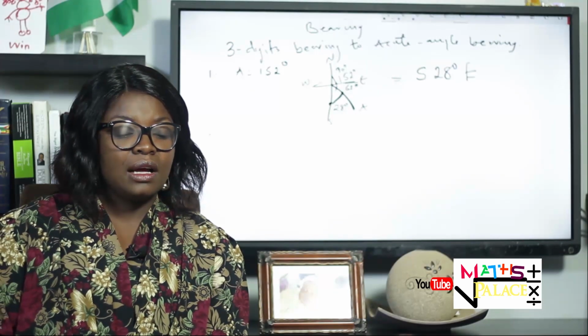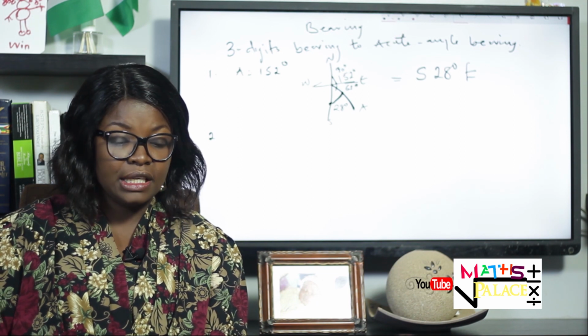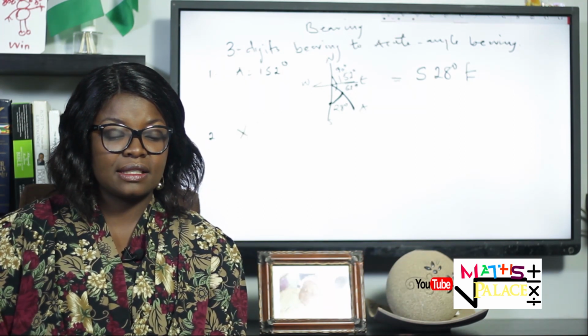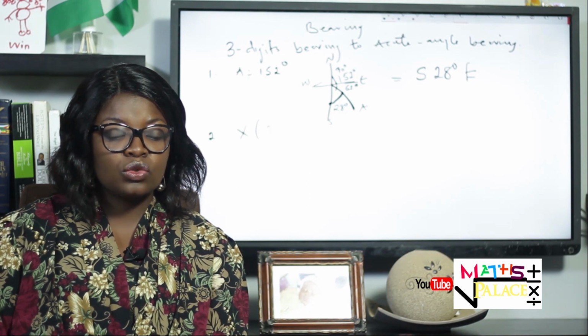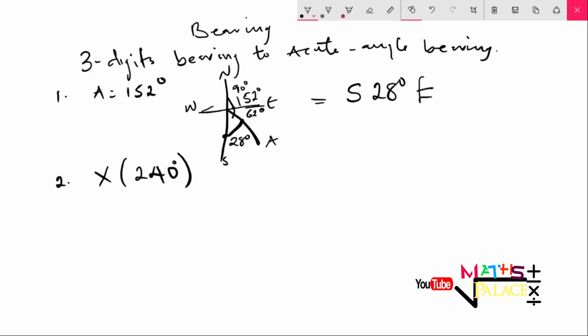Now, another example is given the point X, say 240 degrees. If X is 240 degrees, still using our cardinal points, which are the north, the east, the south, and the west.